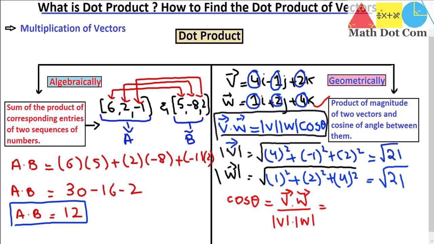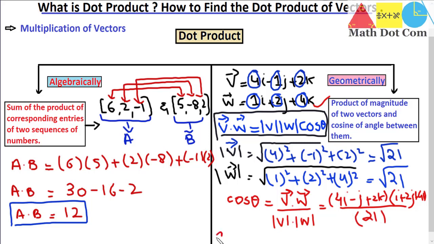The given vector is 4i minus j plus 2k, and the other one is i plus 2j plus 4k, divided by their magnitudes, that is under root 21 into under root 21, which gives 21.